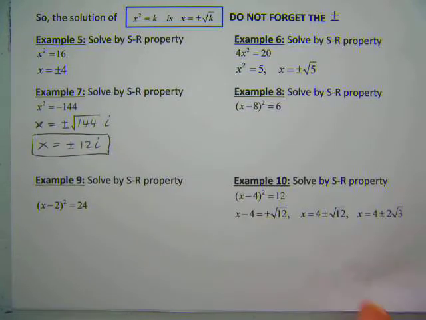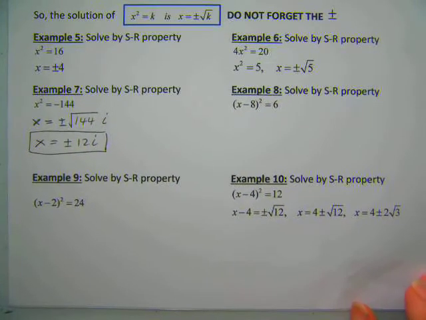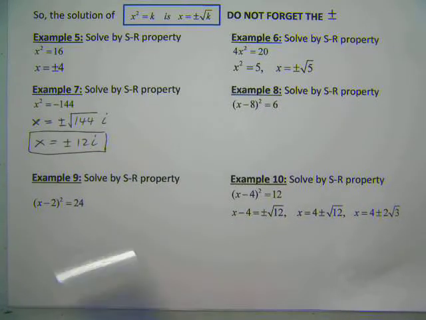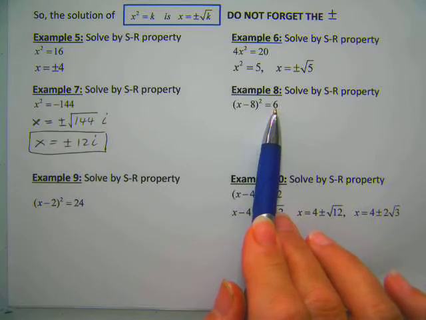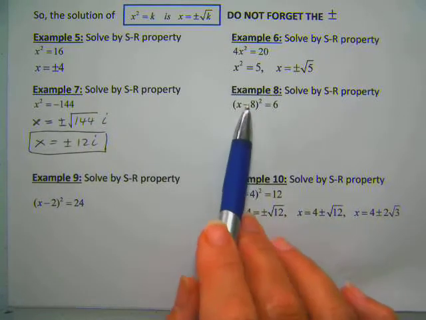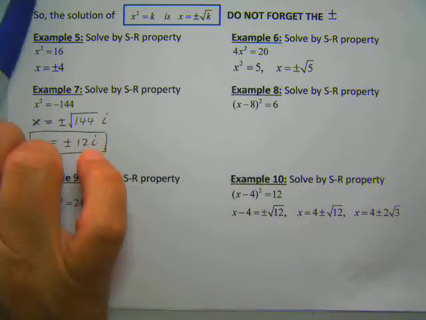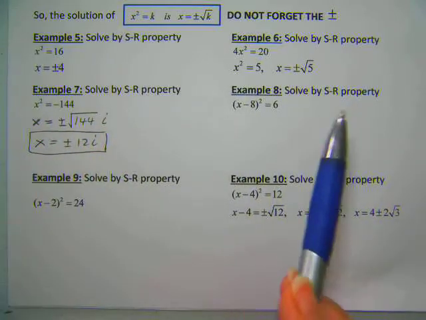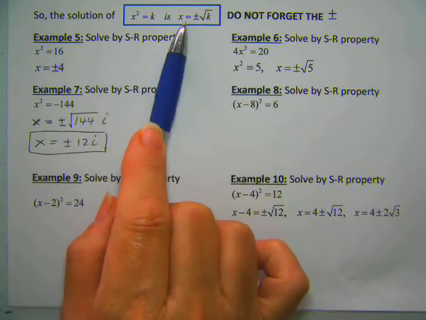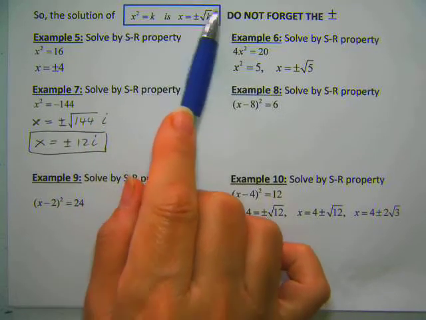But let's see how we're going to be using it for the next method this way, and it's very important. We have a parenthesis squared equals 6. Well, a parenthesis squared, it's anything. The rule says if x squared equals k, then x is equal to plus or minus the square root of k.